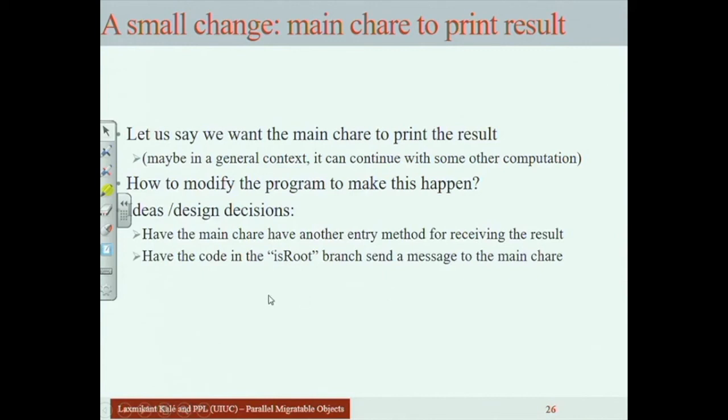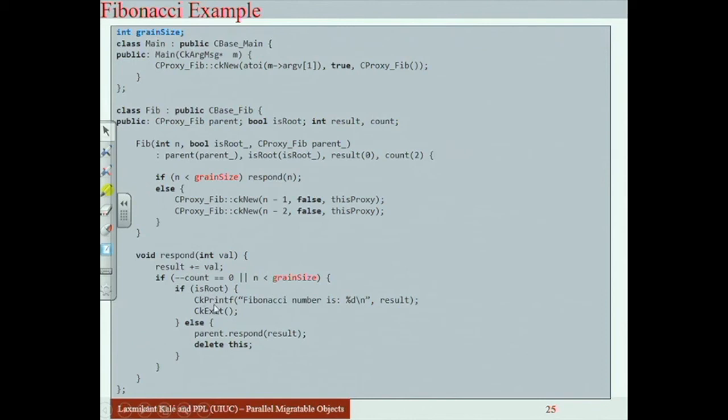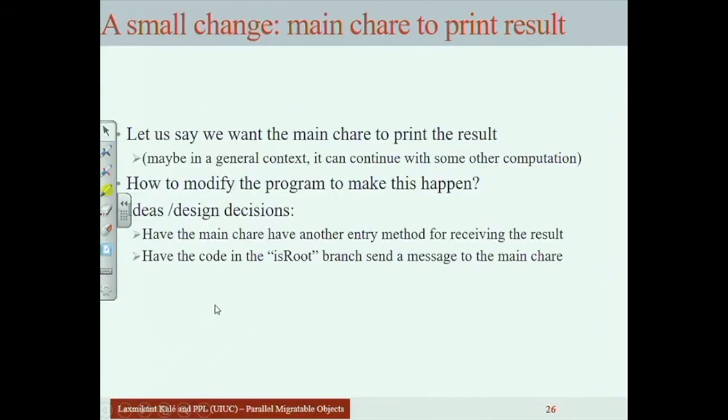But in the fib itself, what should we do when you are in this branch? We know we're not going to be doing the printing, but if I'm the root, then I'm going to tell the main chare to print it. So I want to say, what is the proxy for the main chare? Respond, whatever the name of the method I choose, or done, and provide the value.